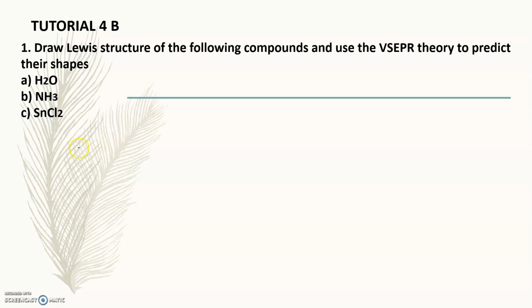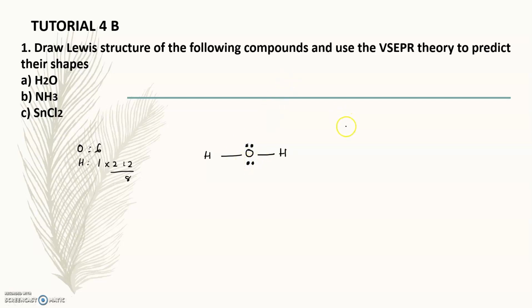For oxygen, 6 valence electrons, hydrogen 1 times 2. Then draw the Lewis structure. So there is bonding between oxygen and hydrogen, with 4 electrons, and the lone pairs on oxygen.